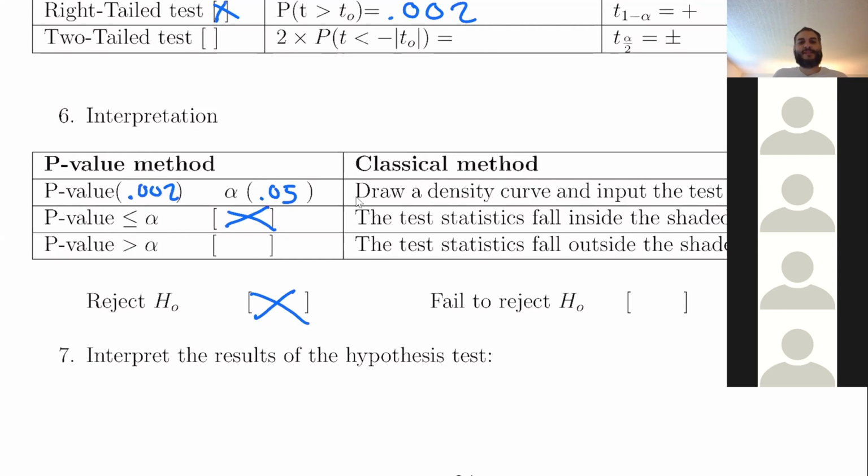All right, so since we reject H0, there's enough evidence to support the alternative hypothesis. The alternative hypothesis is saying that the new machine does process more tires.